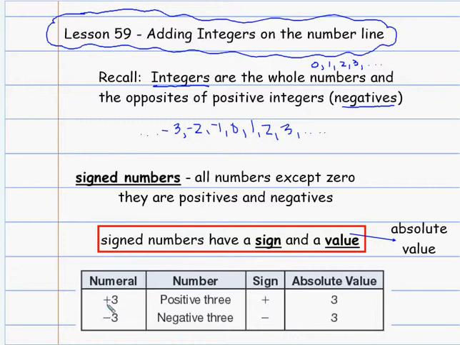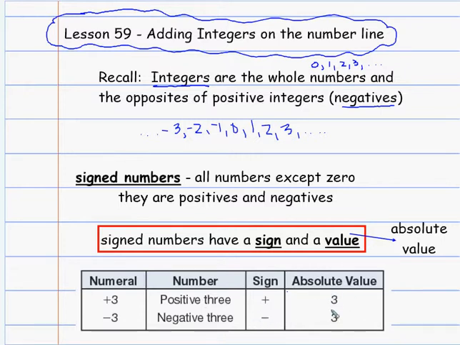So here I have +3 and -3. Those are the numerals. If you were to say those, you wouldn't say plus or minus. You would say that the number shown up here is +3 and the number shown here is -3. That makes the sign of the first one the plus sign, the positive, and the sign on the bottom is the negative sign.